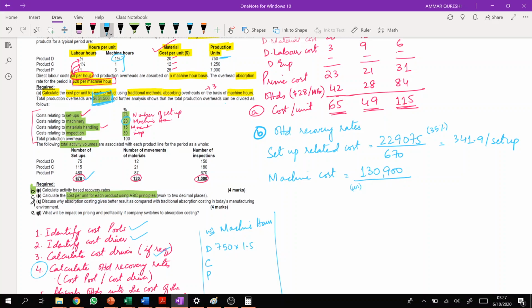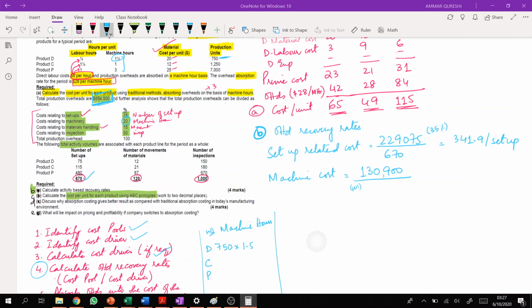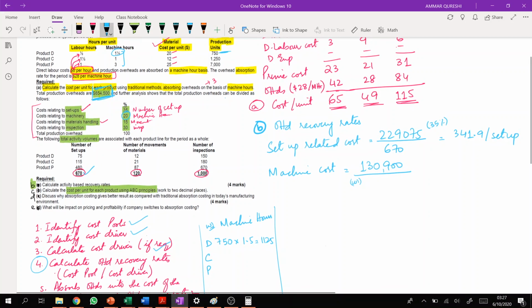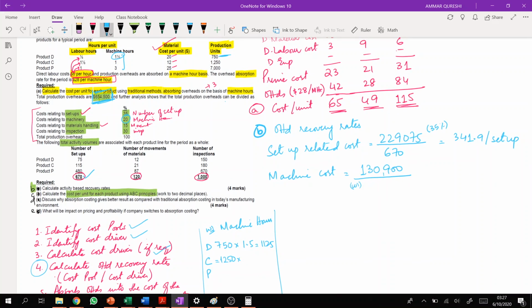So 750 into 1.5, it's 1125. Then the second product is C. We need to manufacture 1250 units of the second product. And how many machine hours are required? 1 machine hour. So it's simple.